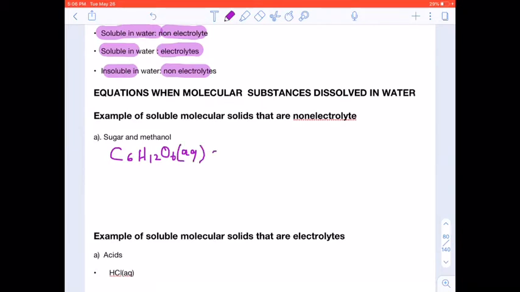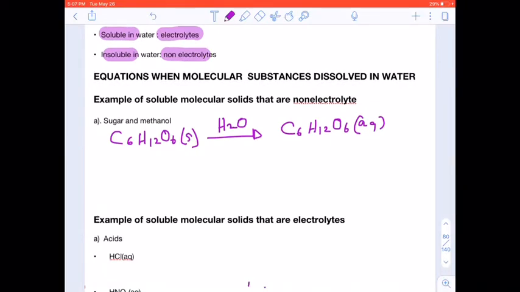Let's maybe just do this. If we have a solid and I dissolve it in water, then we have C6H12O6 aqueous. It doesn't form ions, but it dissolves in water.